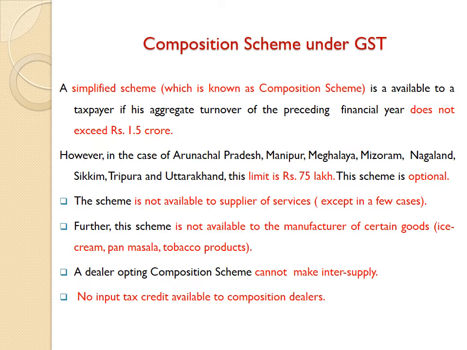A dealer opting for the composition scheme cannot make inter-state supply. Inter-state supply means supply between two states. No input tax credit is available to composition dealers. This is about the composition scheme under GST.